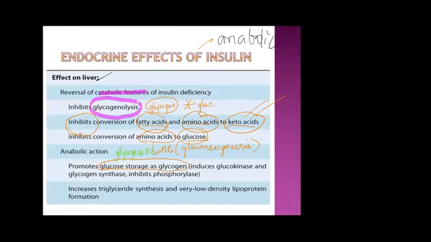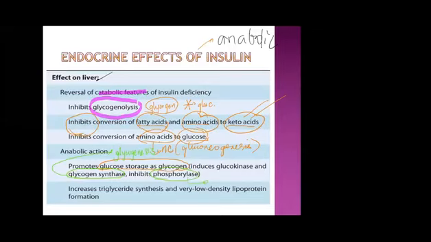This is because ang insulin, it can activate glycogen synthase. And mind you, this is the enzyme that is required for glycogenesis. On the other hand, it blocks the action of glycogen phosphorylase.